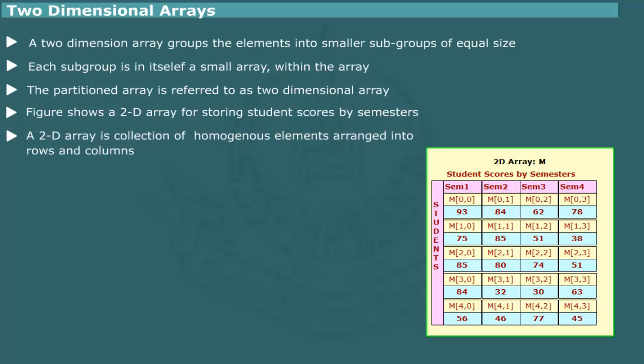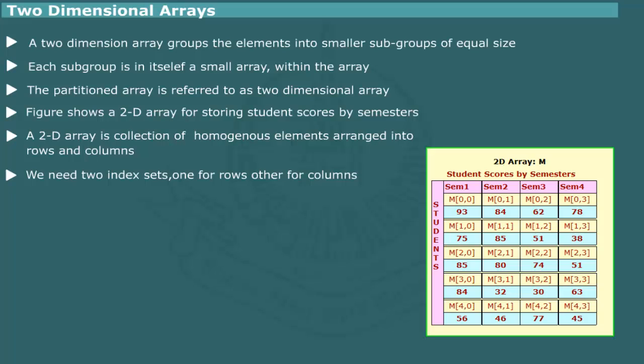Formally, a two-dimensional array is a collection of homogeneous elements which are arranged into rows and columns. In order to identify individual elements, we need 2 index sets, one for the rows and other for the columns. The indexes follow the array name and are enclosed in a pair of square brackets.